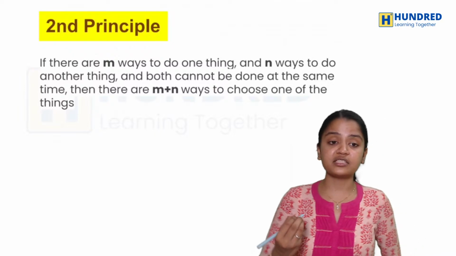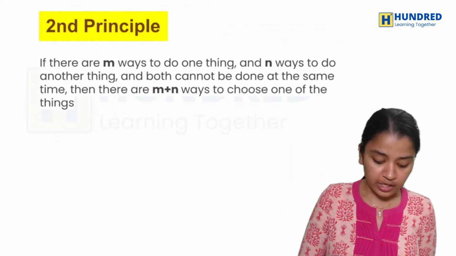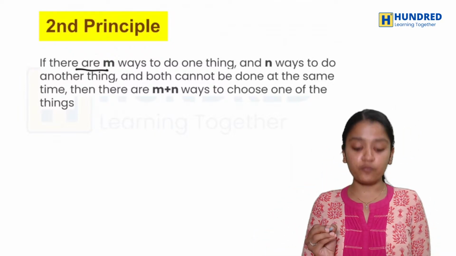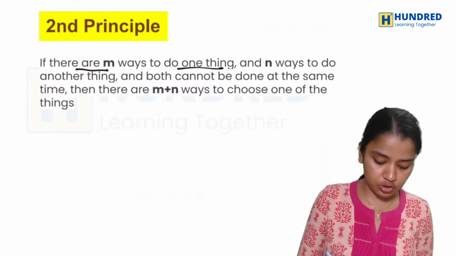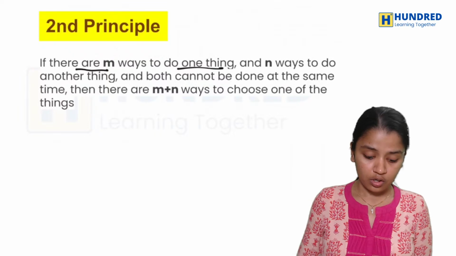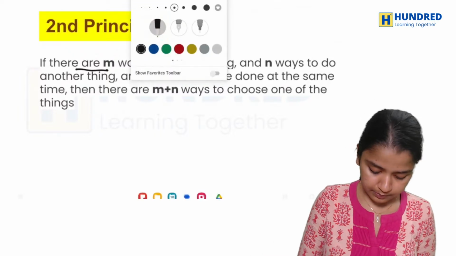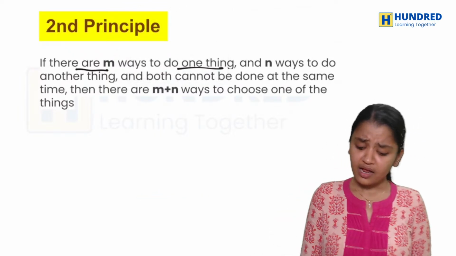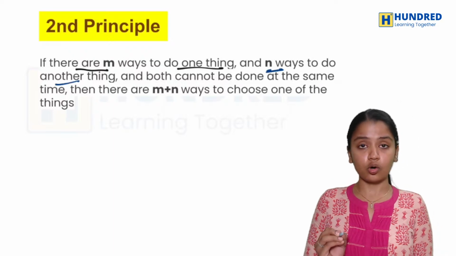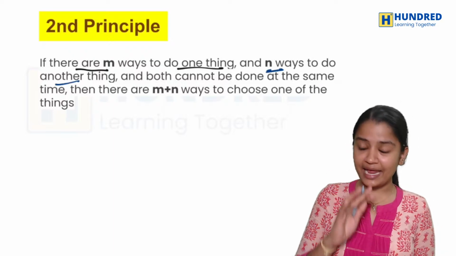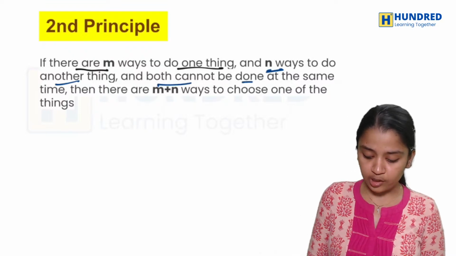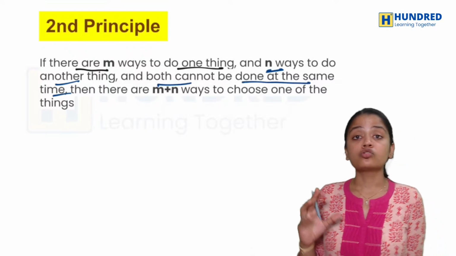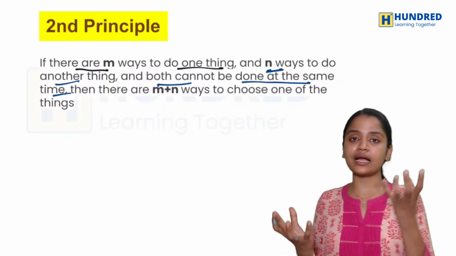If there are m ways to do one thing and n ways to do another thing, and both cannot be done at the same time, you cannot do both at the same time.